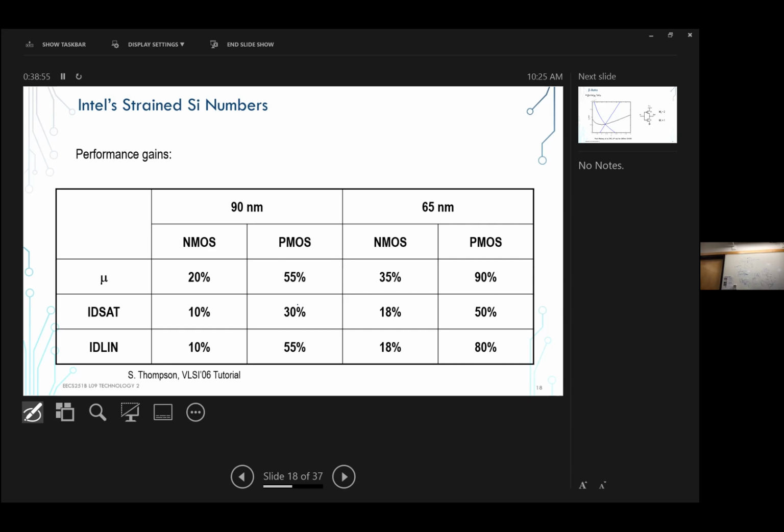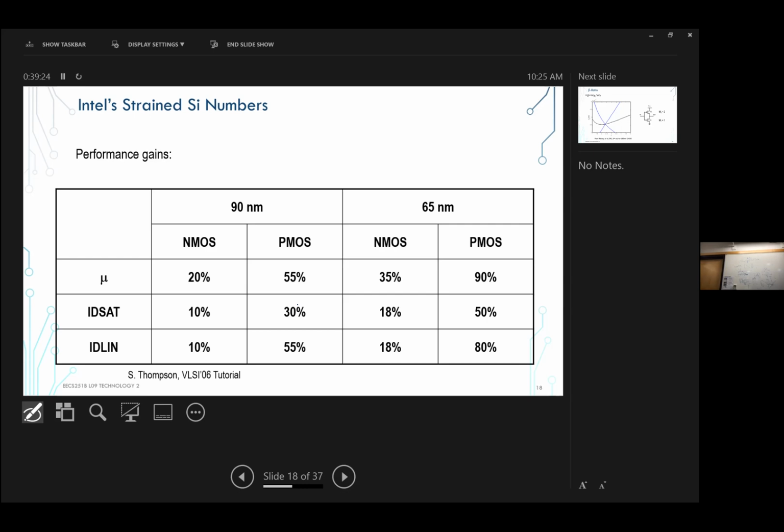So mobility here, say at 90 nanometers, the improvement in mobility through strain was 20% on NMOS, 55% on PMOS. It worked way better at 65 nanometers, 35% and 90%. And it works even better in modern processes. I mean, they really got this engineering now.